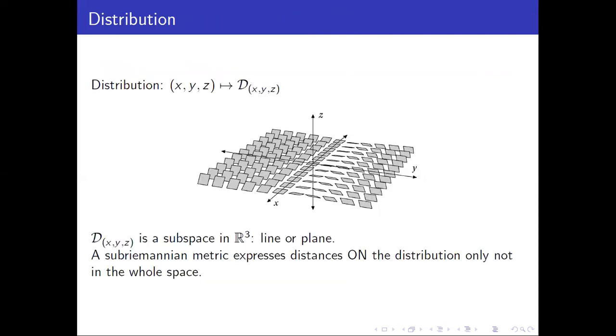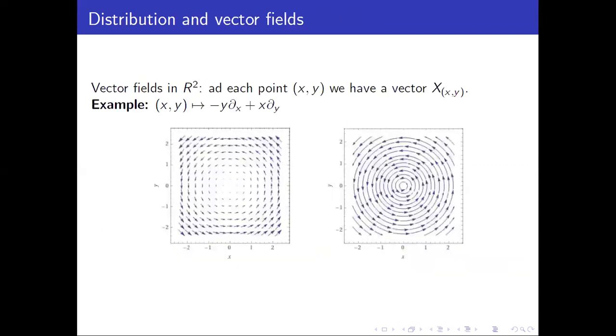Okay, so you can have a distribution. I will go very fast because we talked about distributions before. At each point, I specify a subspace, for example, a line or a plane, exactly like we did for the fish. It's the same idea. And here is very good because you can see in this picture what I was trying to express to you.